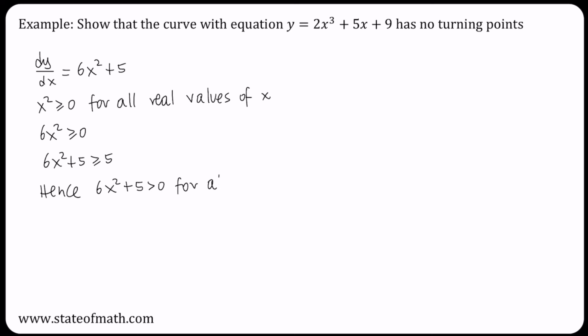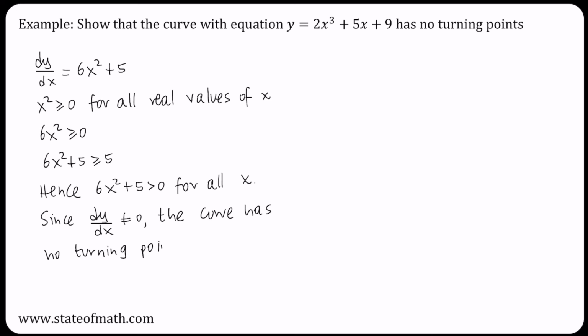And since dy/dx is not equal to 0, the curve has no turning points. So in other words, there is no value of x that will make dy/dx is 0, and therefore we have no turning or stationary points.